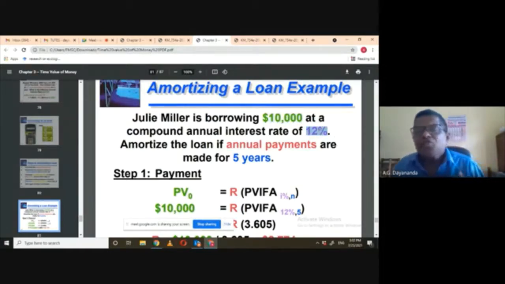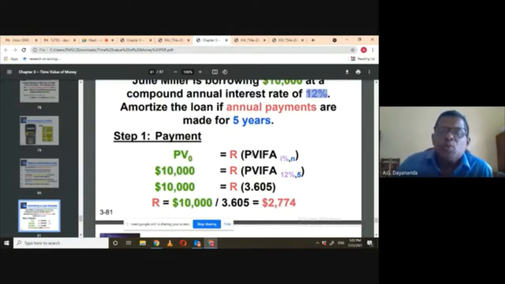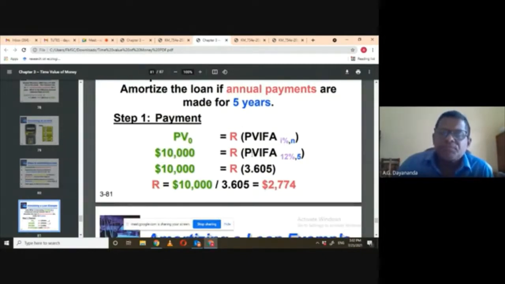So there is no problem with the effective interest rate, because compounding annually means one time only. So what you do is remember the formula we discussed under present value.